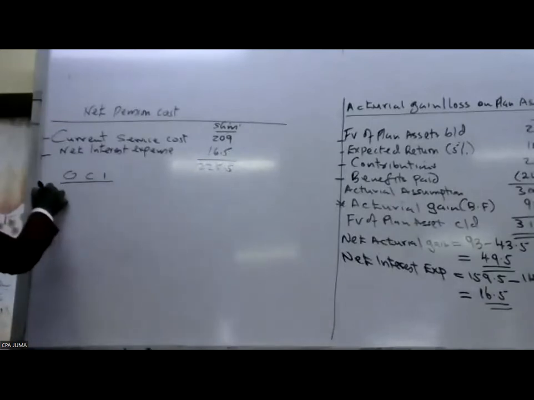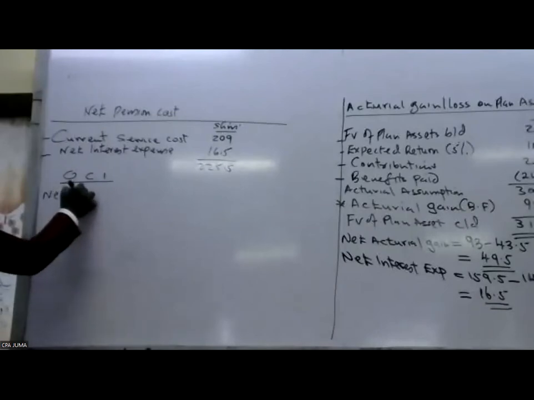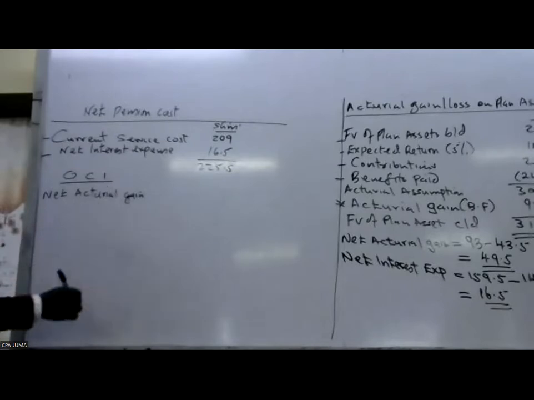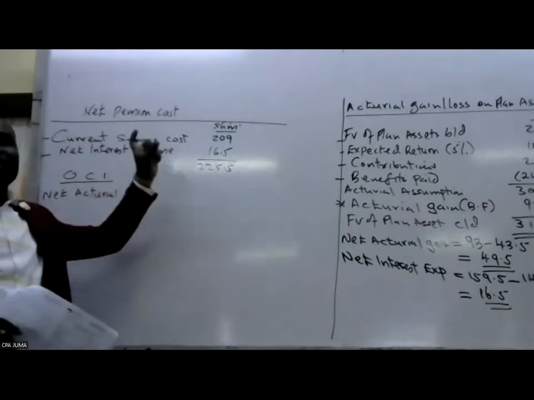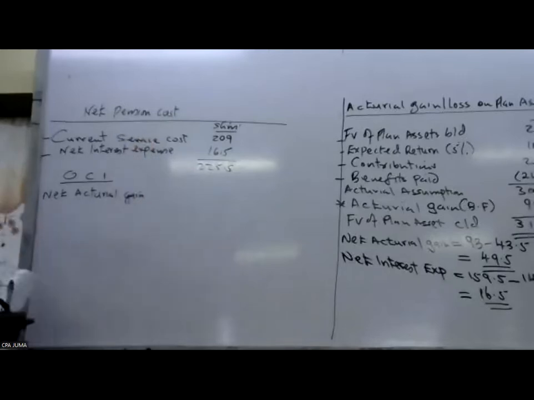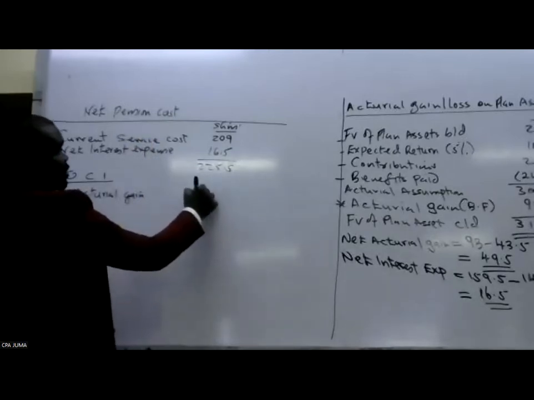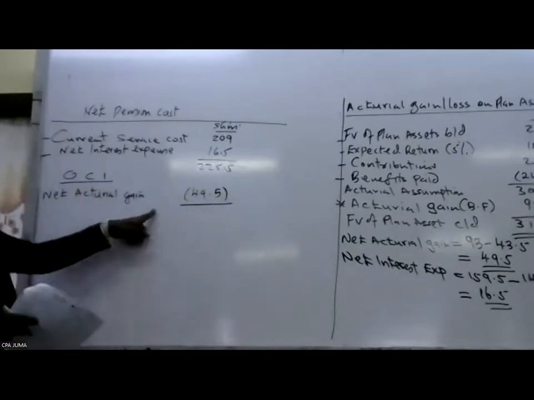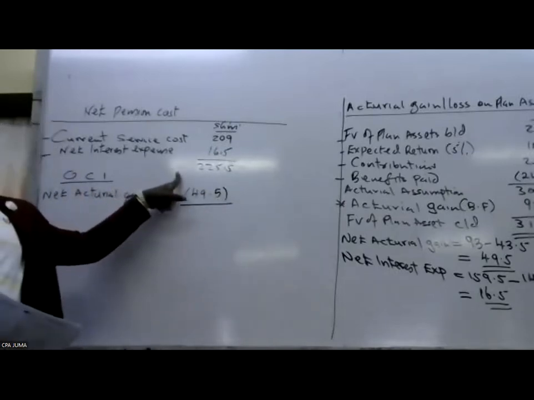We got net actuarial gain. So remember 225.5 is cost. But we have a net actuarial gain of how much? 49.5. So utilize the gain to reduce the costs.